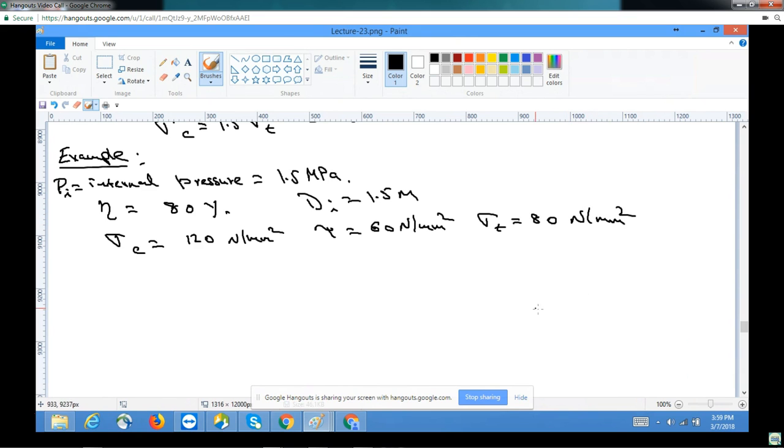We need to design this kind of butt joint for the cylindrical shell as shown in the figure.